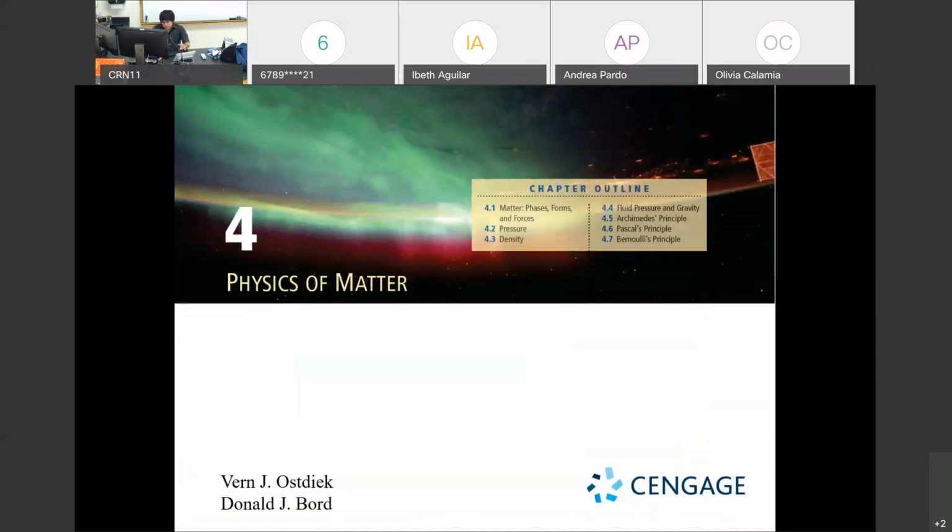Physics of matter. At the beginning, we're going to be discussing the 4 states of matter. There are 4, actually 5. There are only 3 that we really study in depth in physics and chemistry, especially in an introductory non-major course.